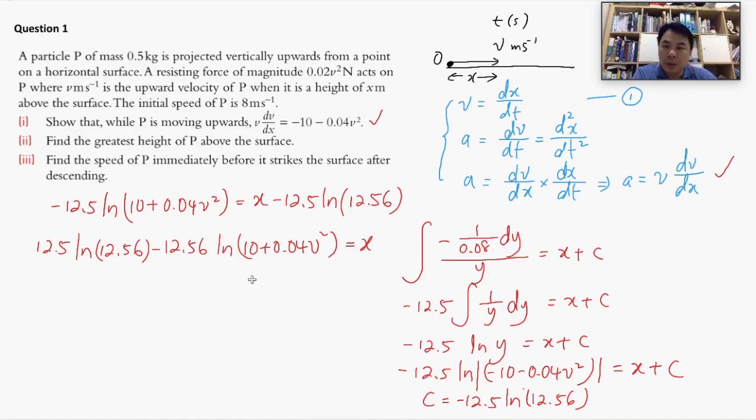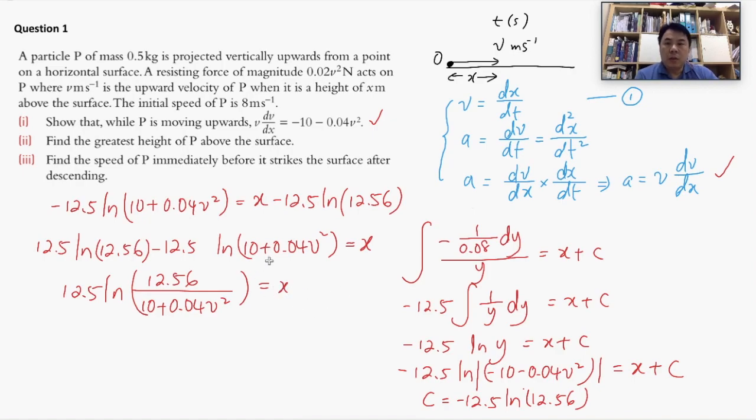Oh sorry, this one is 12.5, I think I wrote it down wrongly. Just let me correct that. That's 12.5. Okay, now we are good. So we can write that down as 12.5 ln of 12.56 over 10 plus 0.04 v squared equal to x.